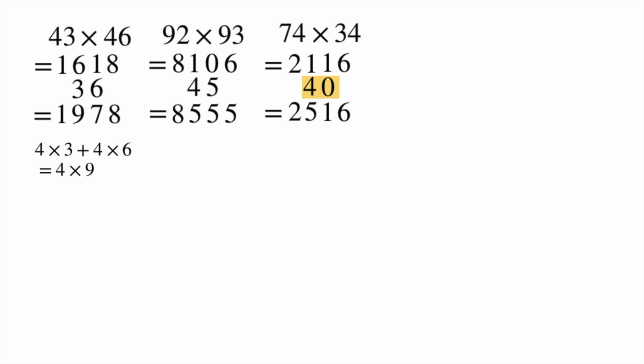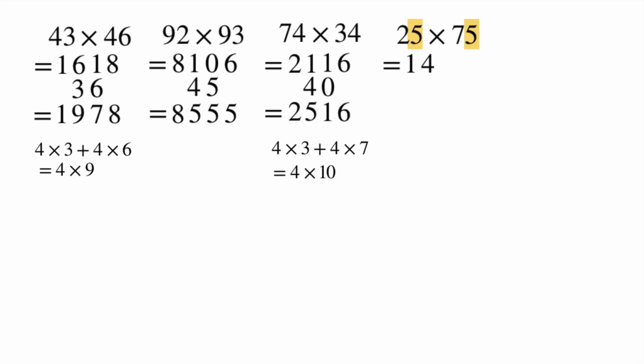The convex part is 4 times 3 plus 4 times 7. 4 times 10. Once again, 2 times 7. Common one's place times the tens places sum, 5 times 9.